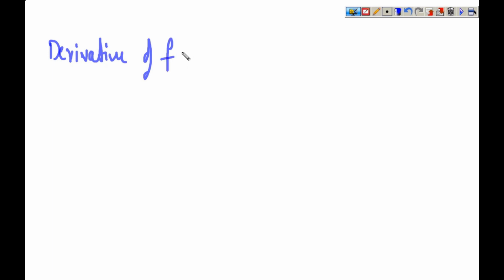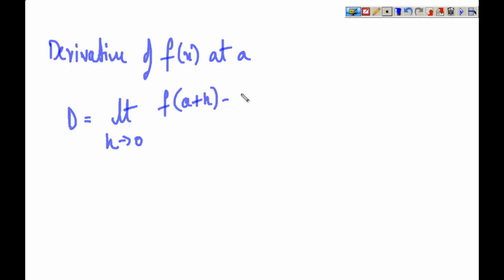So we know that to find the derivative of any function f at any point a, the derivative is given as limit h approaches 0 of f of a plus h minus f of a, divided by h. So now let's solve a question based on this concept.